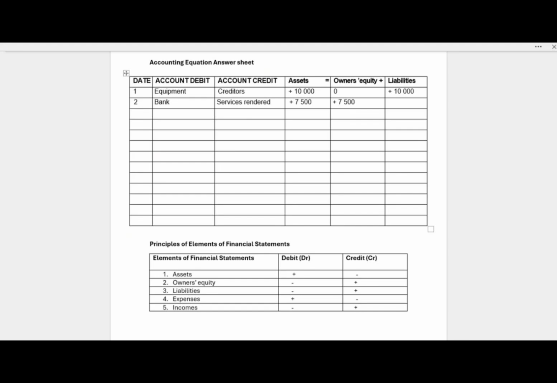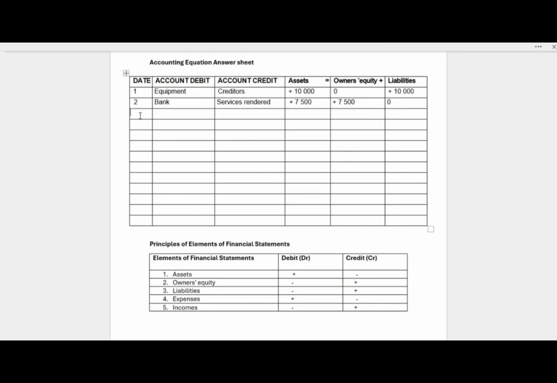So we are going to the owner's equity and say plus 7,500. On the liability we don't have any account affected, we put a 0, right? So that is how we record our transaction number 2.